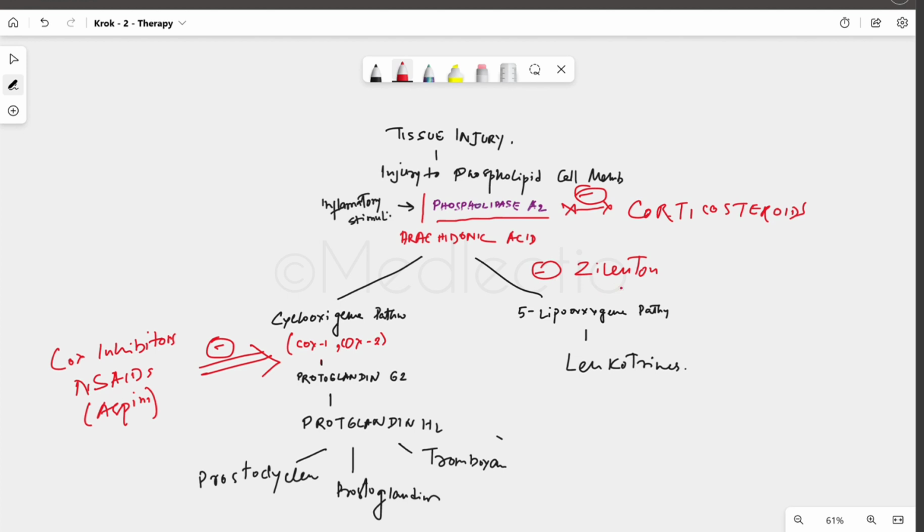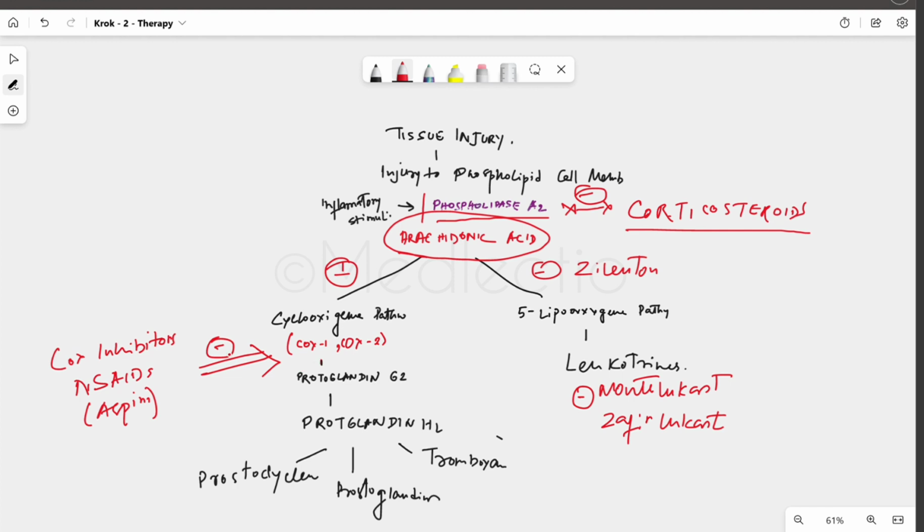We have Zileuton and leukotriene inhibitors, those are montelukast and zafirlukast.